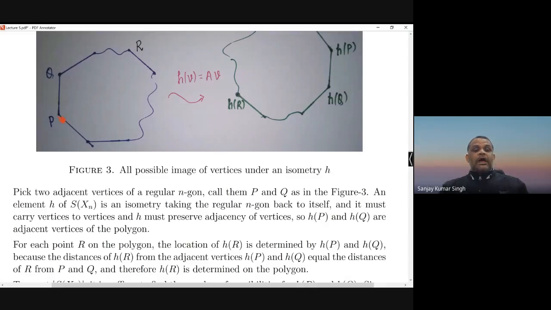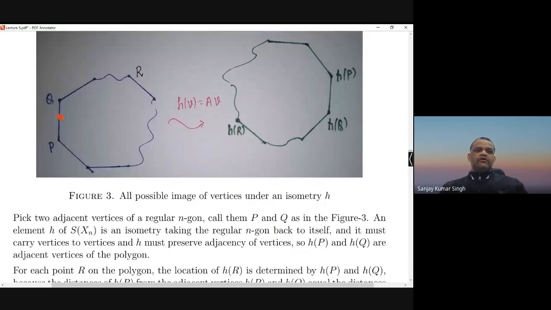So I am saying that under isometry, the adjacent vertices of any polygon also go to adjacent vertices. Otherwise, because under isometry there is no change in the shape and size of the polygon. So if the point Q is adjacent to P, then under isometry, suppose P goes to HP, then Q will definitely go to HQ, which is adjacent to HP.